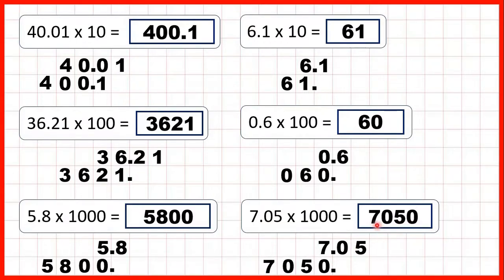And again, that makes sense. We know that 7 times 1,000 is 7,000, and 7.05 is just a little bit more than 7, so our answer is a little bit more than 7,000. So use estimation to check that your answer makes sense.